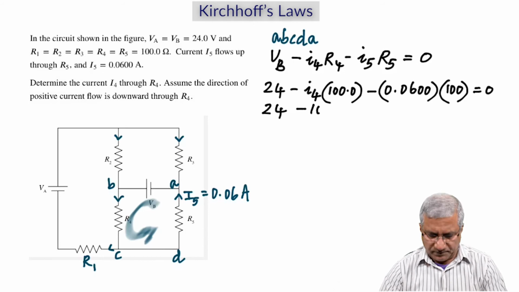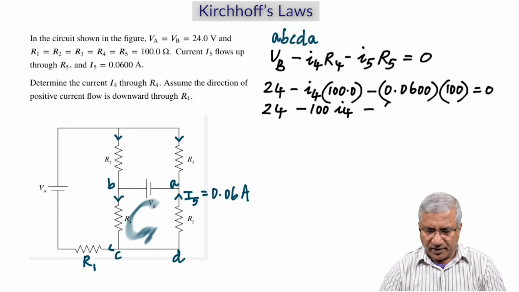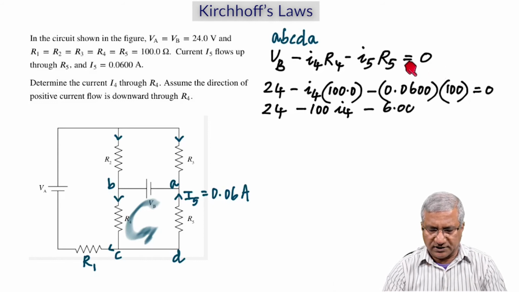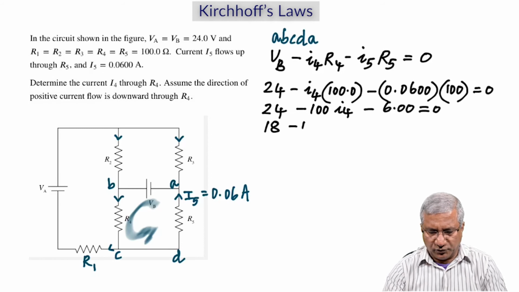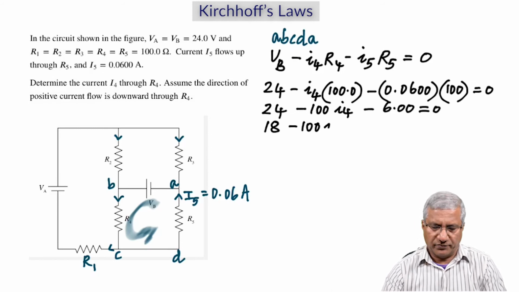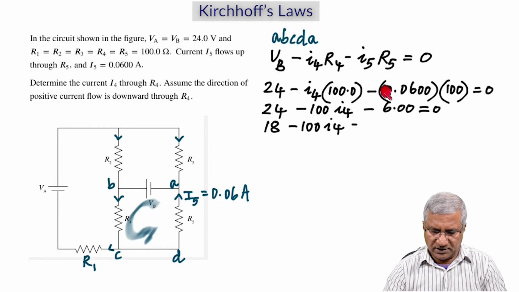unknown quantity. All right, so that's 100 I4, that term, and then this one becomes 6, just 6.00, and then 24 minus 6 is 18.